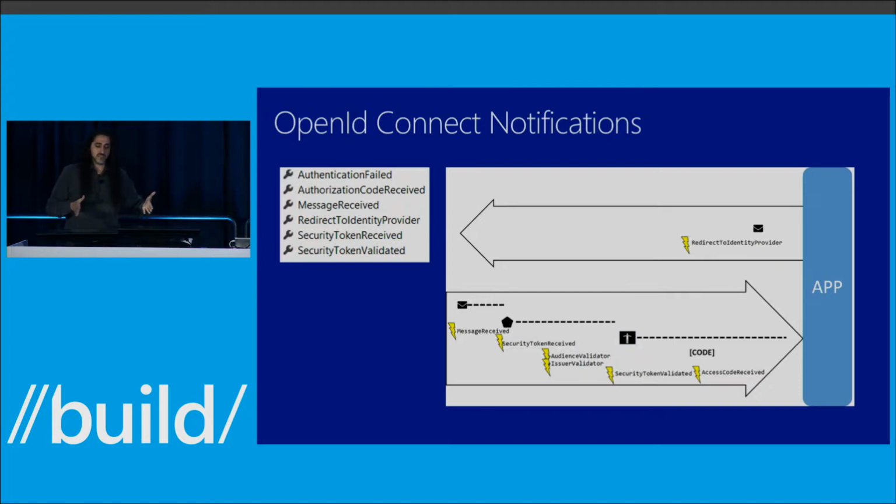So there is a notification that triggers when you receive a message. Some customers are using these notifications for adding things that we don't support yet, like there are flavors of OpenID Connect that we don't support out of the box. Using that notification, you can intercept the message, examine it, and add whatever logic you want. Or we have notifications which happen just before we validate the token and just after we validate the token.